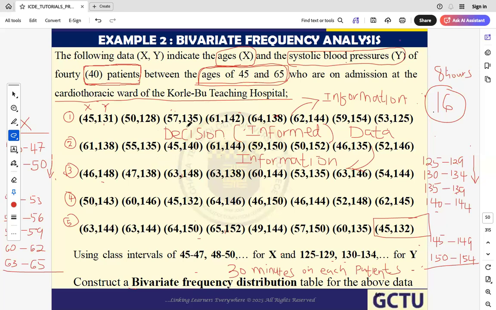Remember, all of them need your attention. Once you have come to the ward, all of them need your attention. But it is not humanly possible to attend to all of them. So you need to pick. How are you going to pick? It must be based on an informed decision.